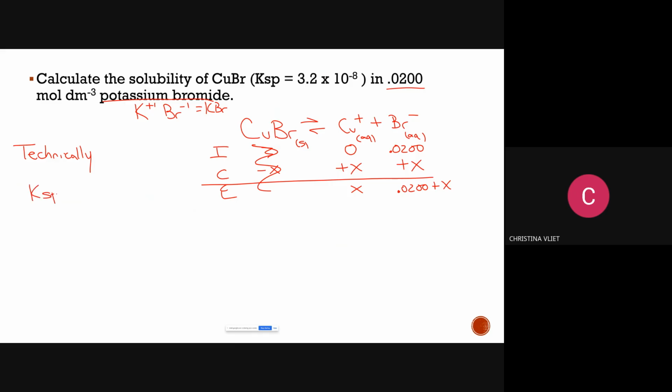It would be Ksp equals Cu plus times Br minus, and if I was to put my math hat on, I would say, okay, so that's 3.2 times 10 to the negative 8 equals X times 0.0200 plus X. And most of you who are in AS level math or A level math are going to start saying, oh my God, FOIL or distribute, you get a quadratic, you have to solve it with the quadratic formula, because that's a 0.02X, because you're not going to be able to really solve that another way. And you're going to start freaking out.